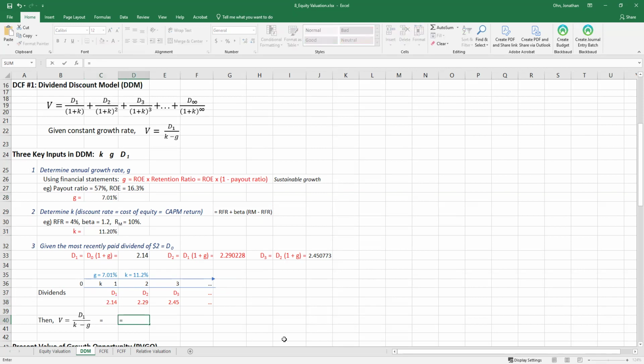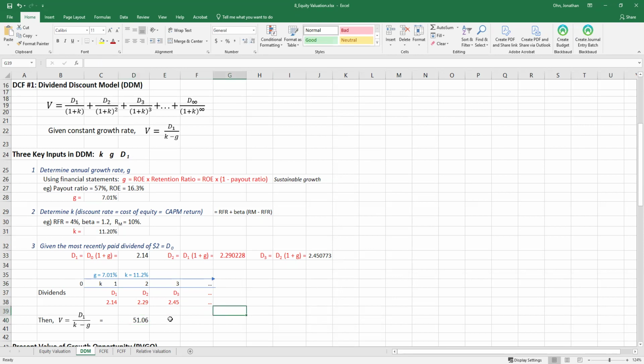So D1 is $2.14 divided by K, which is 11.20% minus the growth rate. If you calculate this way, you get $51.06.